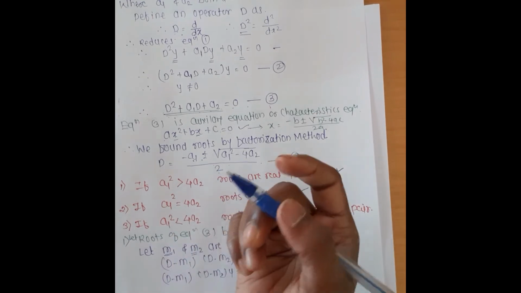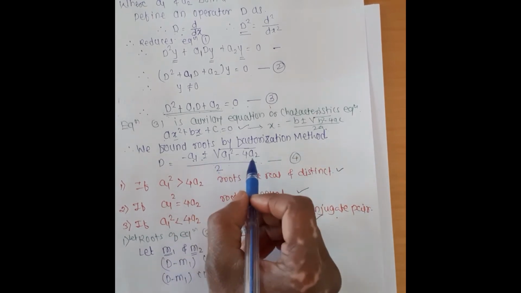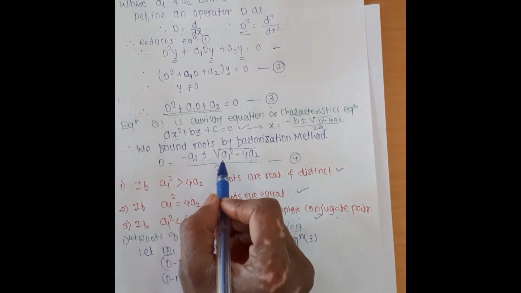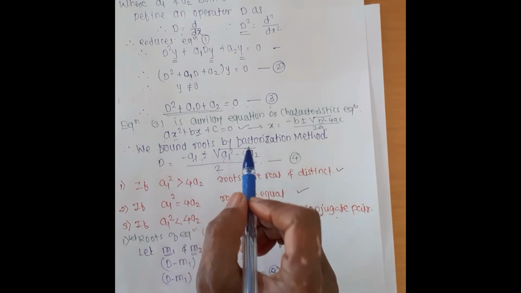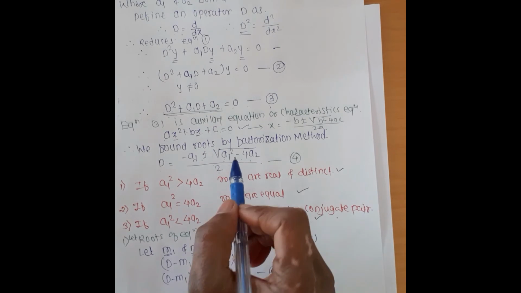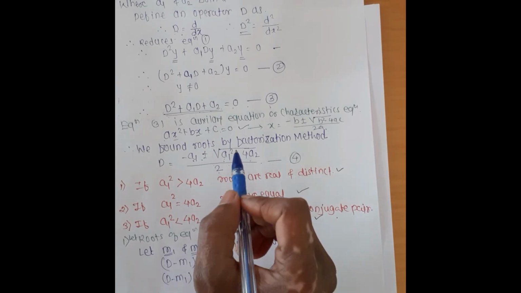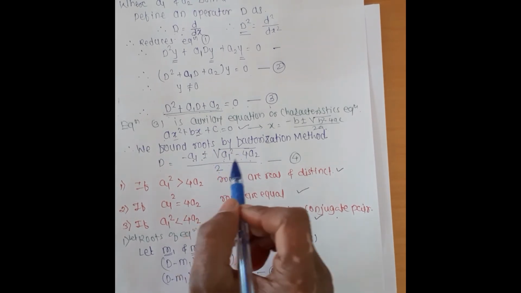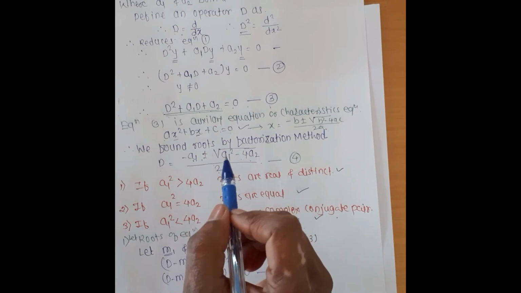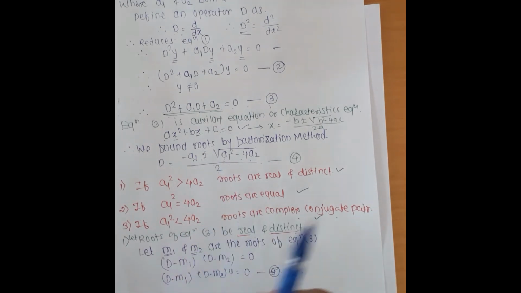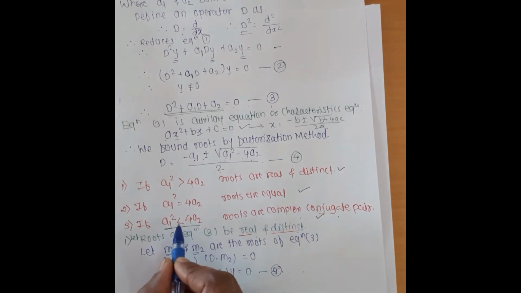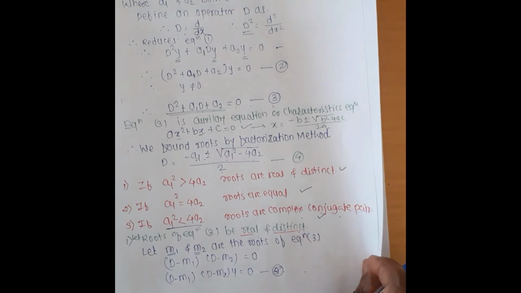When a1 square is less than 4a2, the root term will be negative, and then we call the given term imaginary. That's why we find the solution of that equation using the condition of a complex conjugate pair. So this is the last condition, a1 square less than 4a2.